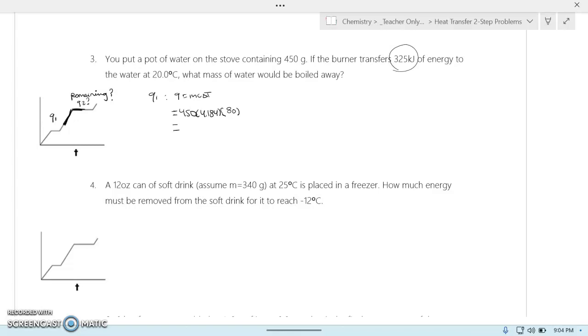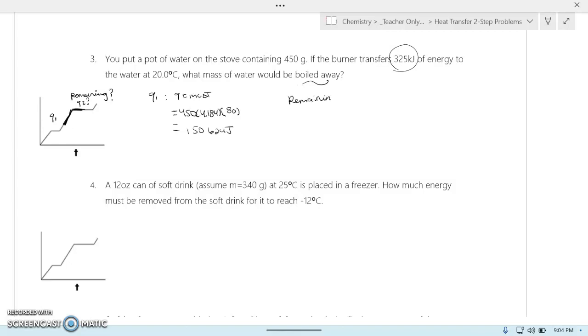Notice it doesn't tell you the delta T, but it does say it's going to be boiling away. So we're approaching that boiling point, and that's how we know it's going to be going all the way up to 100 degrees with that 80 degree increase. So you'll find this energy, which ends up being 150,624 joules.